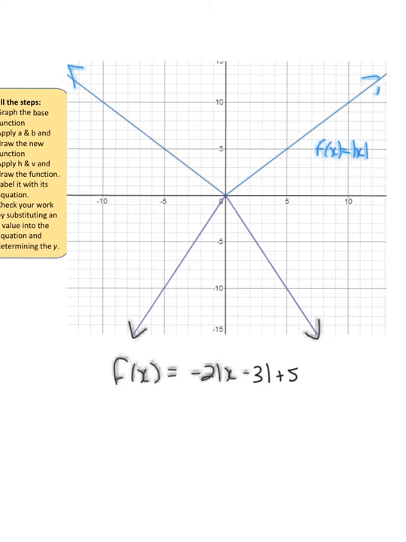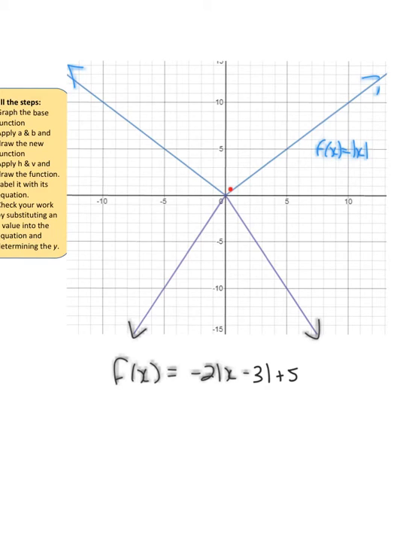So step 2 is to apply the a and b values. So again, we have a is negative 2, b is 1. So we don't actually need to do anything with b, but we do need to do the negative 2. So a affects the y value, so we're going vertically. We are stretching, and then we are reflecting in the x-axis. So it's going to open down instead of opening up.